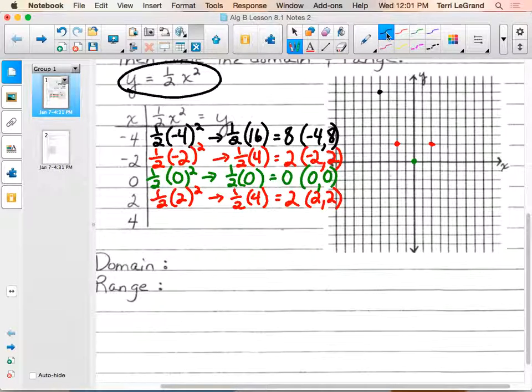And our last one is +4. 1/2 of 16. Half of 16 is 8. And we just found ordered pair 4, 8. So we're ready to go put that one on the graph.